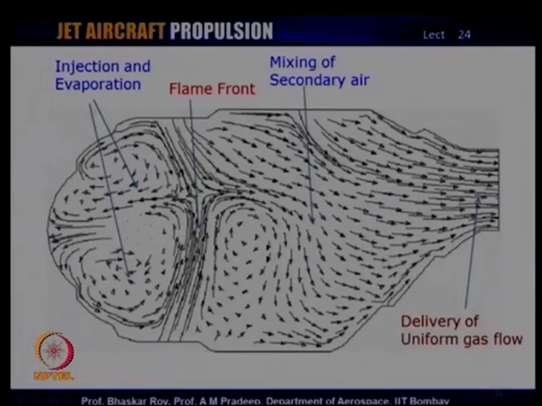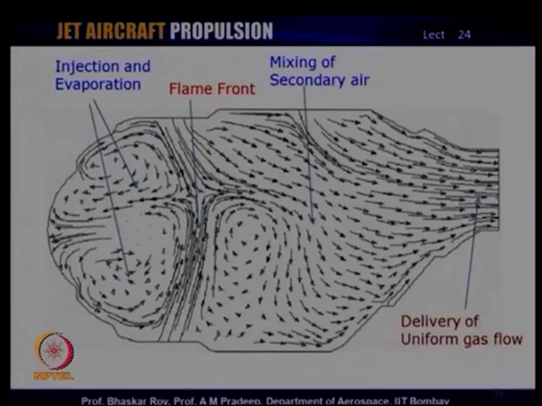So, this zone is where the flame front initiates the combustion process, and the other side of the flame zone is where the combustion process is completed. So, combustion is initiated at one end, completed at the other end, and as you can see, that is a very small zone in which the entire flame has to exist and sustain itself.